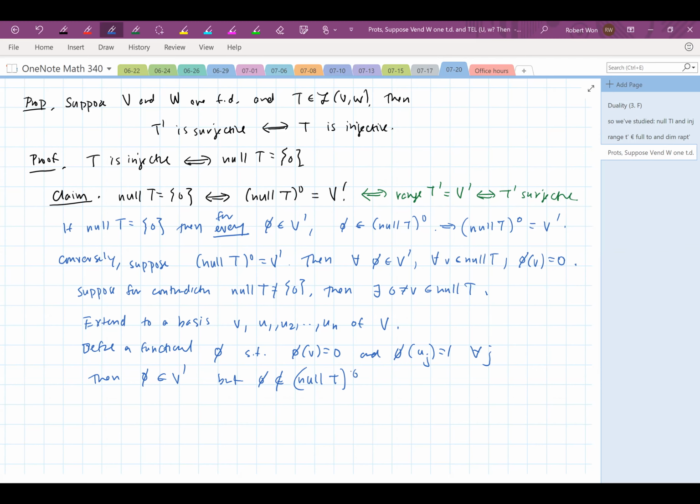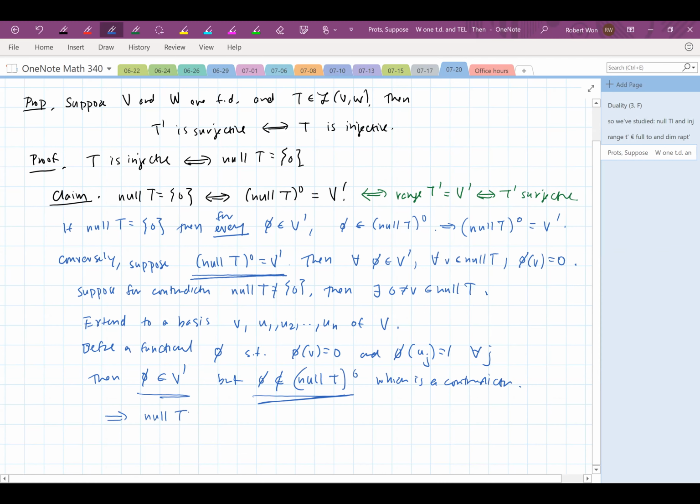But anyway, in this step, I'm supposing that the annihilator of the null space is everything. But here I found something that isn't in the annihilator of the null space, which is a contradiction, right? This means that the thing that we supposed must be wrong.